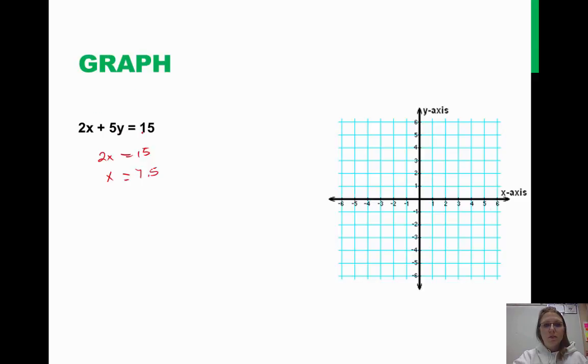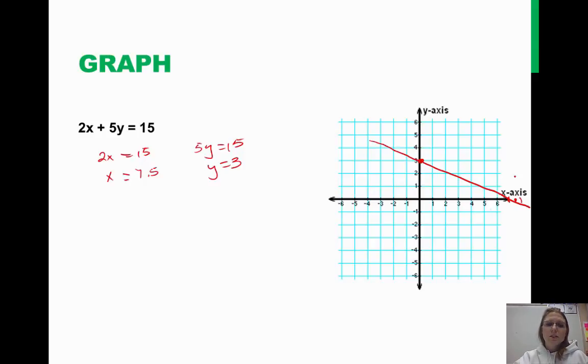Could do the same thing for the y, canceling out the x, so it'd be 5y equals 15, or y equals 3. So I could go over to 3 on the y and 7.5, which doesn't quite fit on this particular graph, but we can estimate it as right here and draw our line.